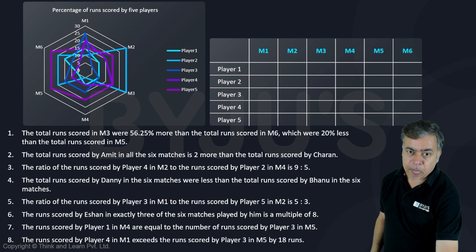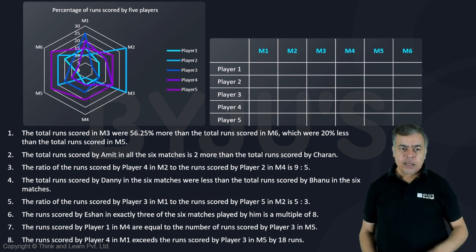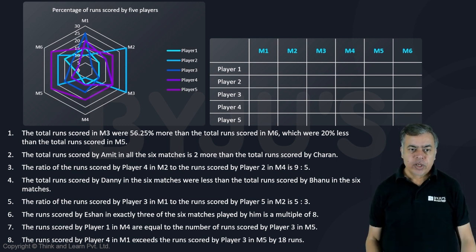Okay. So first, I can write the percentage scores. I can fill this data quickly. For M1, here it is 5, 10, 15. This is the line of 15, so it is 15%.